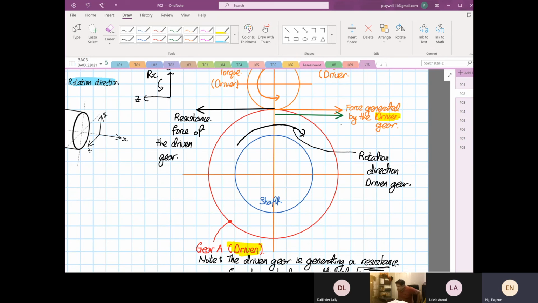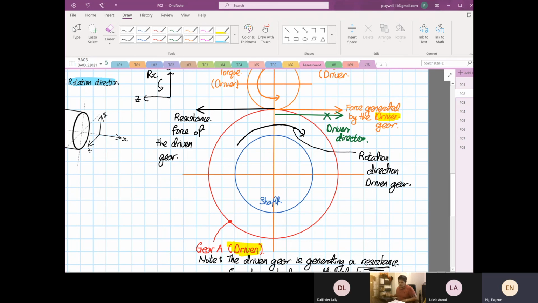This is where a lot of engineers, not just engineers-to-be like you guys, make a very common mistake in this aspect, and I don't want you to make that mistake. This is the easiest way to identify the direction. So this is wrong. This is not the driver direction or driven direction.